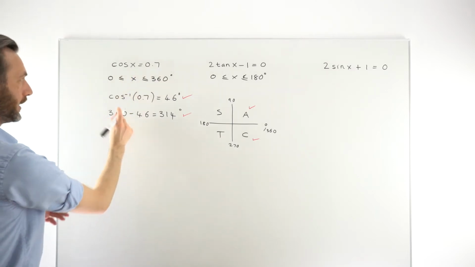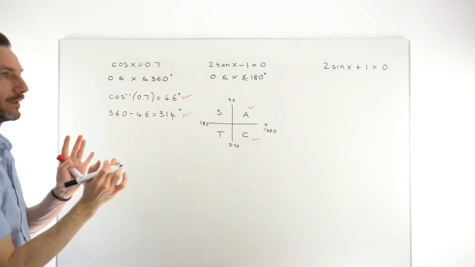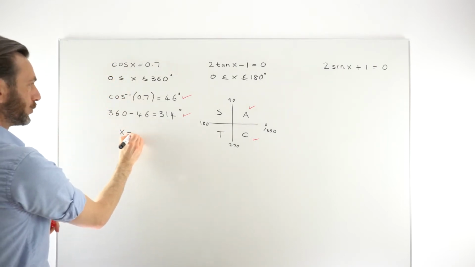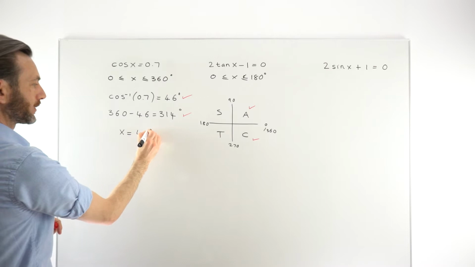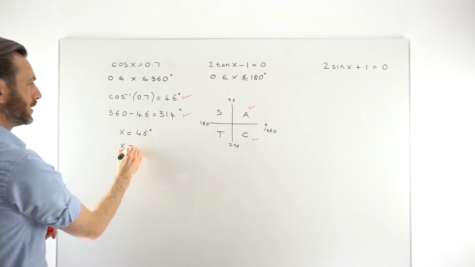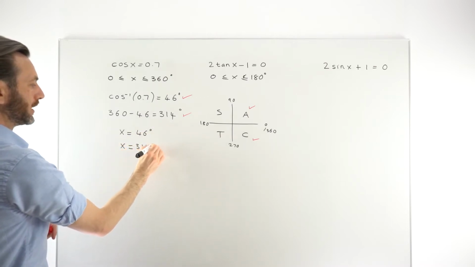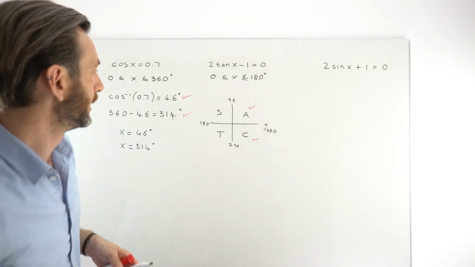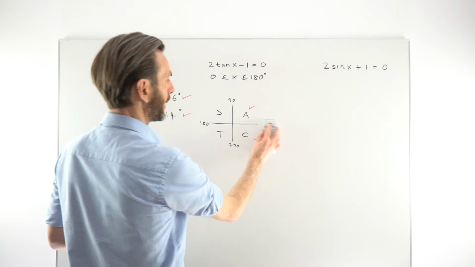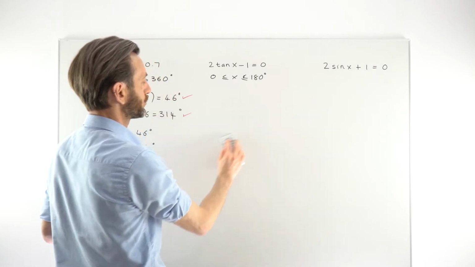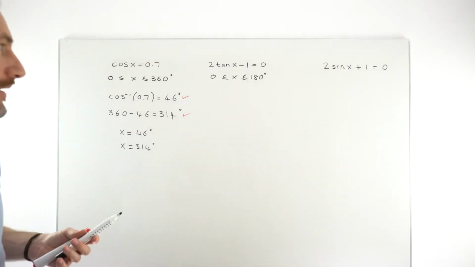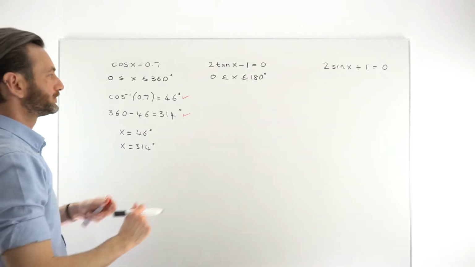So x is inside the cosine function; this is the cosine of x. Our two x solutions are 46 degrees for the first one and 314 degrees for the second one. That's how we go about a trig equation. It's quite a lot of technique to piece together. It's not easy, it takes practice, and they get more difficult as you go further into them.